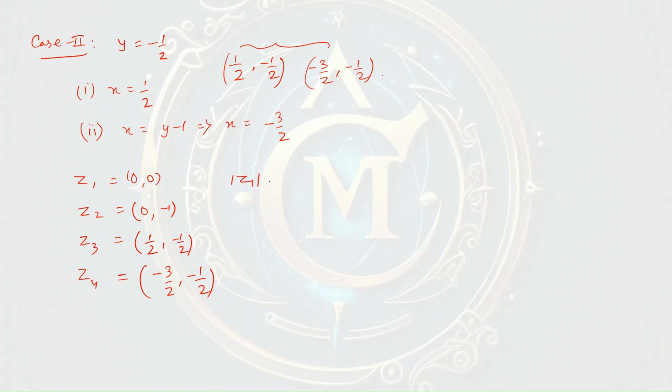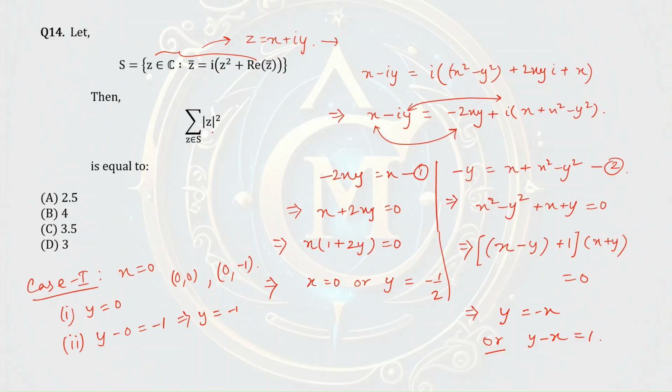So mod of z1 will be 0, mod of z2 will be 1, mod of z3 will be root under 1 by 4 plus 1 by 4, so 1 by root 2, and similarly z4 modulus will be root under 9 by 4 plus 1 by 4, so root over 10 by 4, that is root 5 divided by root 2. So we are asked to calculate the sum of squares of all the moduli of those complex numbers that belong to the set S.